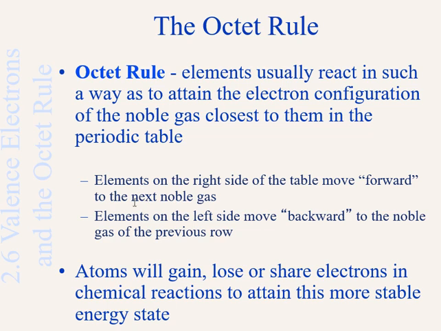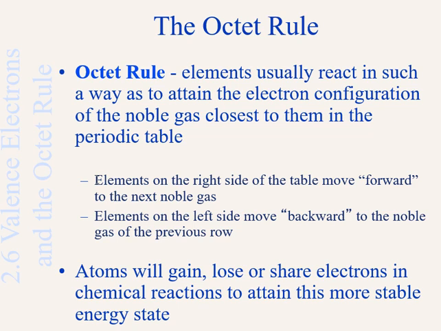Whenever we say elements move forward or backward, what we mean is that the element moving forward will gain electrons. So for example, oxygen has 6 valence electrons, 1s2, 2s2, 2p4. The 2s2 and the 2p4 combined is 6 valence electrons, 2 plus 4, 6.